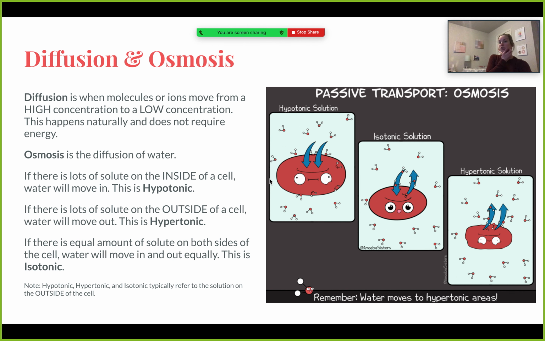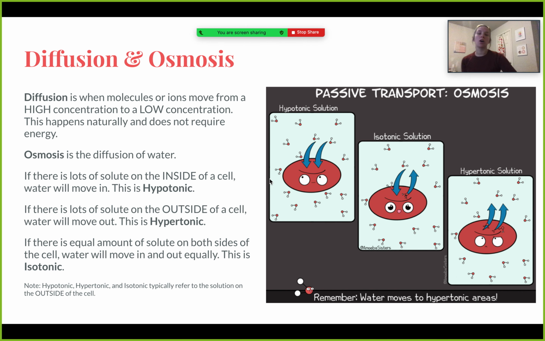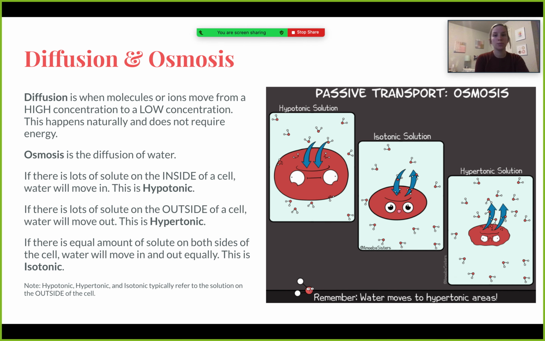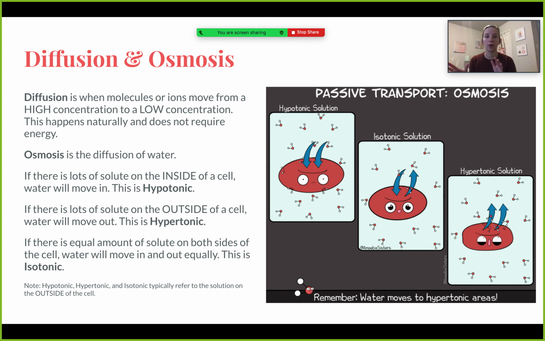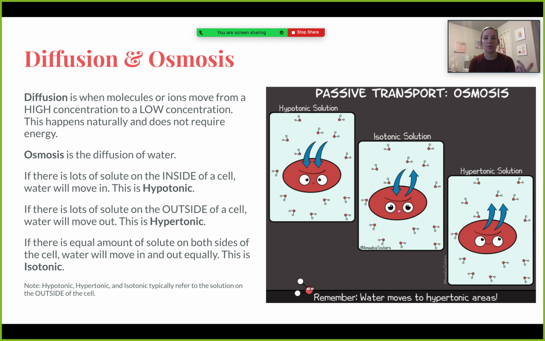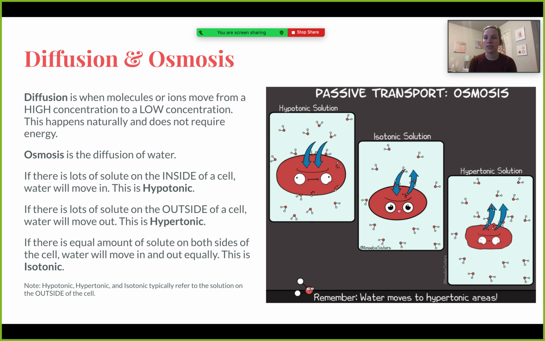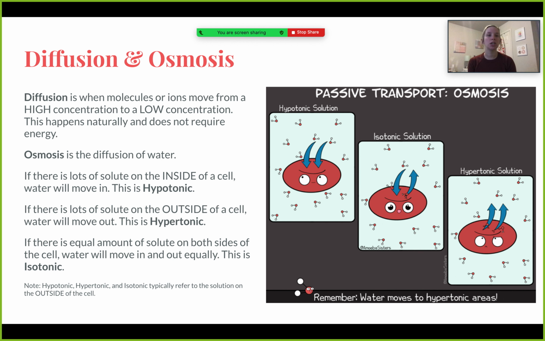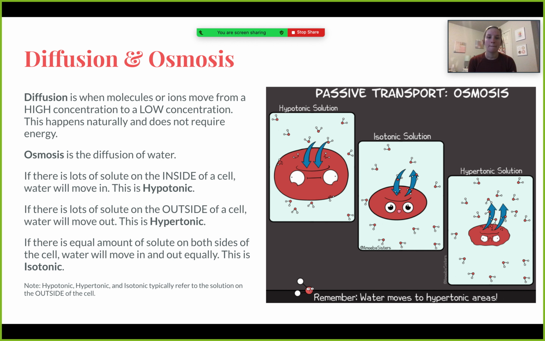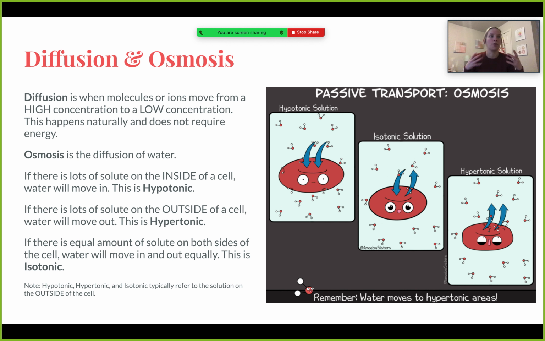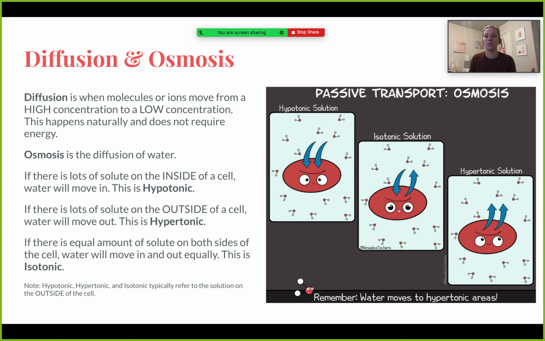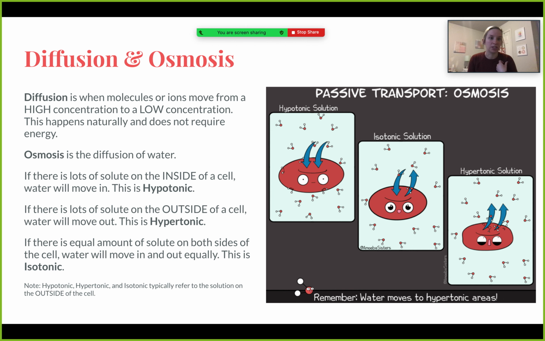All right, so diffusion and osmosis. Diffusion is when molecules or ions move from a high concentration to a low concentration. And this happens naturally without any energy. I always describe concentration like how close you are to other people, actually. So the example that I have is I really don't like tight spaces.